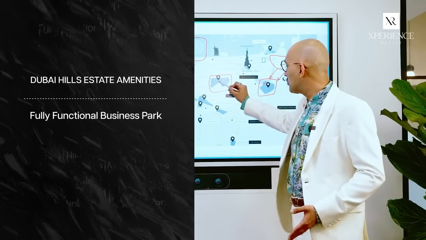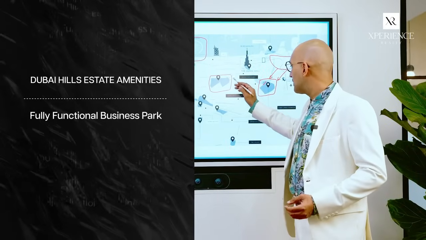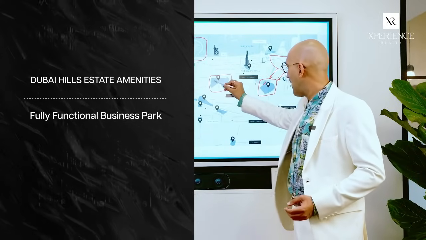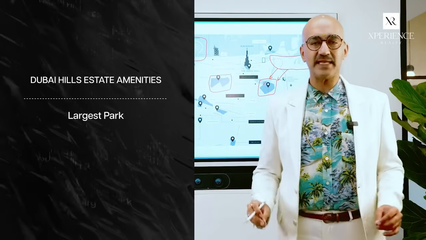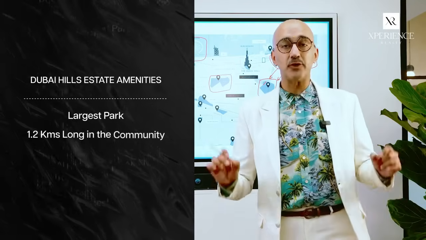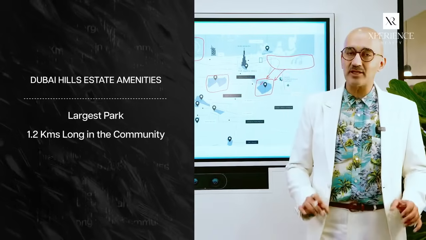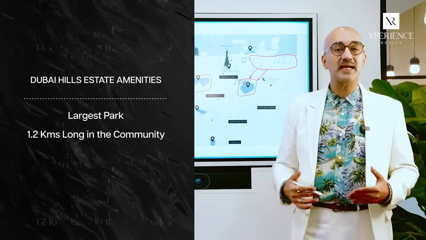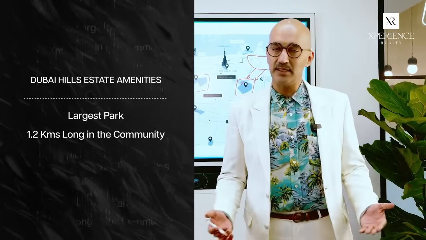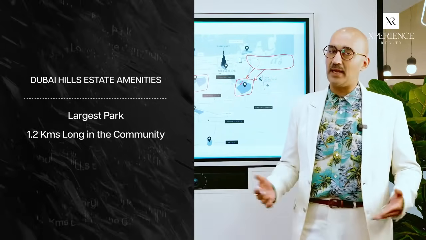Now, also consider this. Dubai Hills Estate has the largest, most verdant and best kept park, which is 1.2 kilometers long, in the community. Not many developers would give you this kind of space in a community. They would rather build apartments, villas and make money.